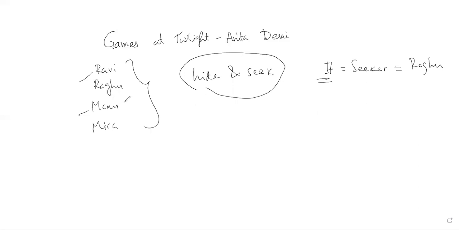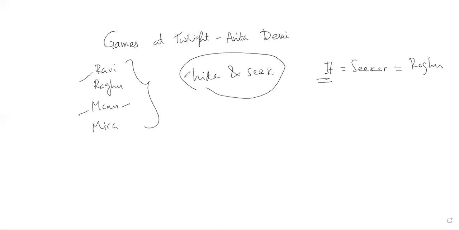And finally, Raghu finds a hider. Manu is the first child who is found by Raghu. Manu is the youngest among the children.